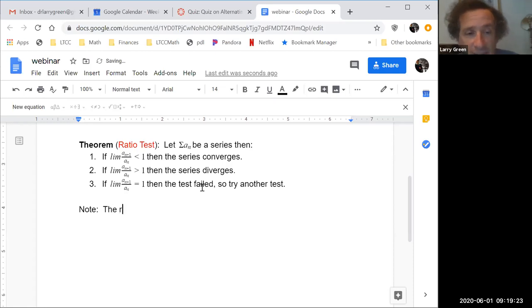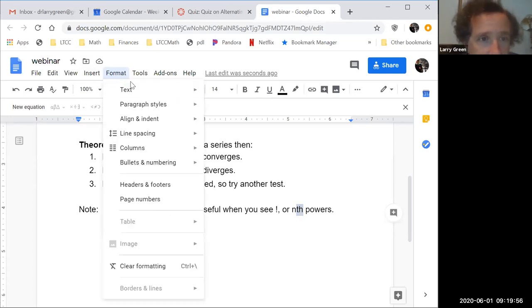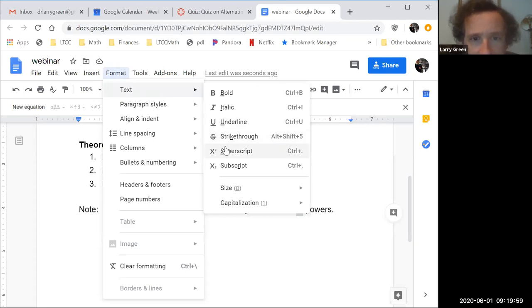The ratio test is especially useful when you see factorials or powers, nth powers. Okay. Well, let me do it. There it is.